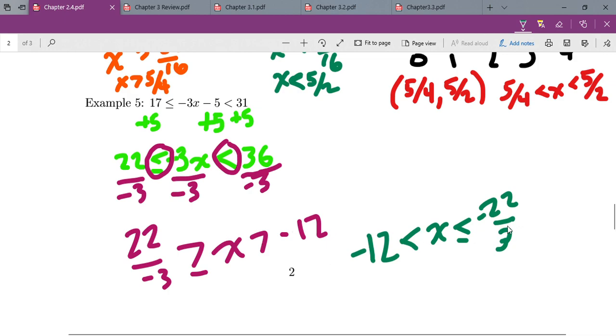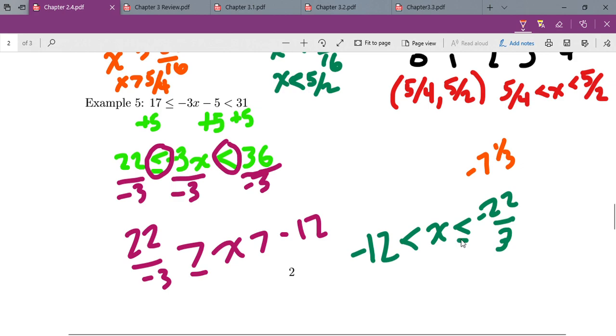Negative 22 over 3 is approximately negative 7, so this is the same thing as negative 7 and 1/3, to give you a better idea. The reason I like writing it this way is because your smaller number comes first and your bigger number comes second. It is entirely possible that x can live between these two numbers.